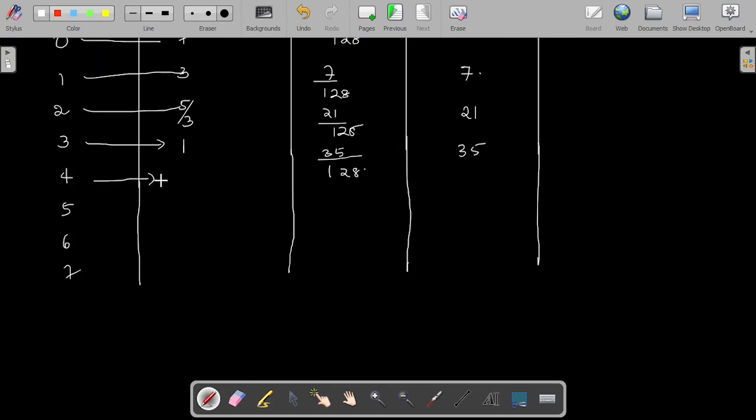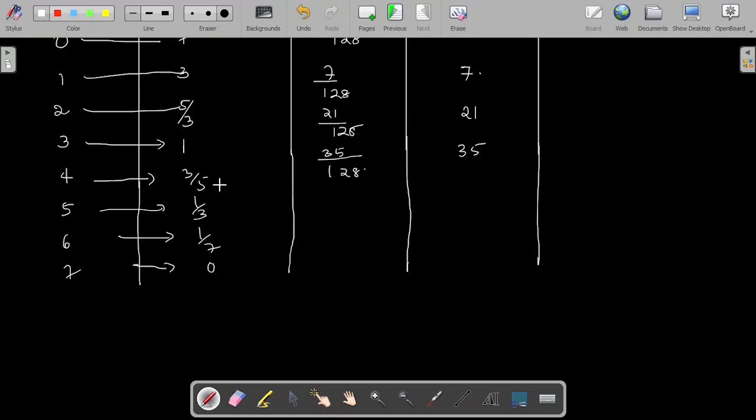Continue like this. For 4, you will get 3 by 5. For 5, you will get 1 by 3. For 6, you will get 1 by 7, and for 7 you will get 0.